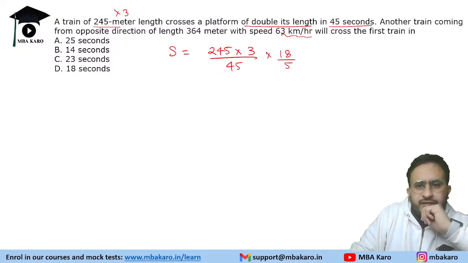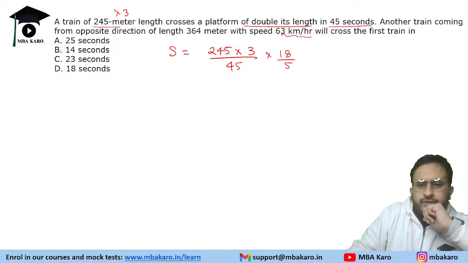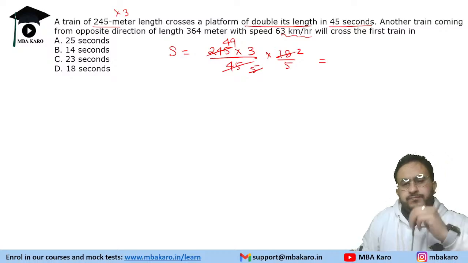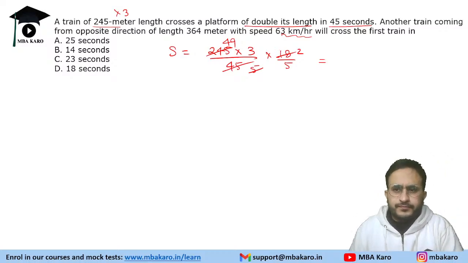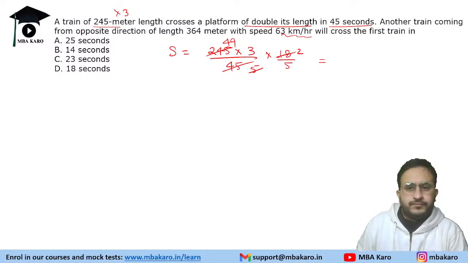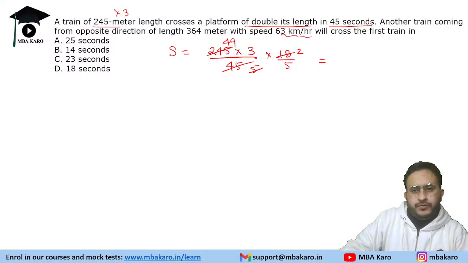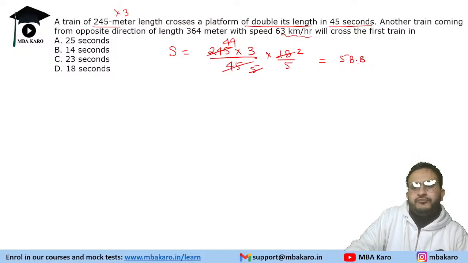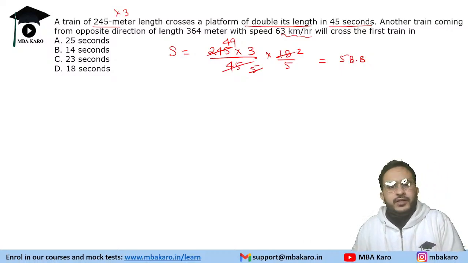Okay, so that will be 49 into 6, which is 294, by 5, which is 58.8.